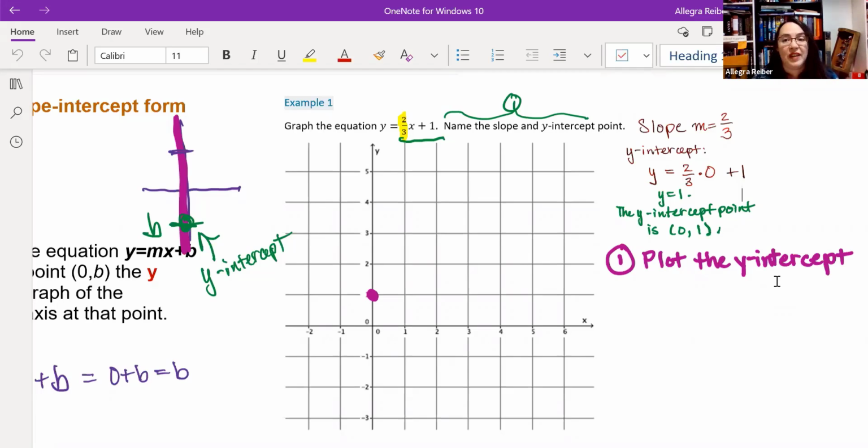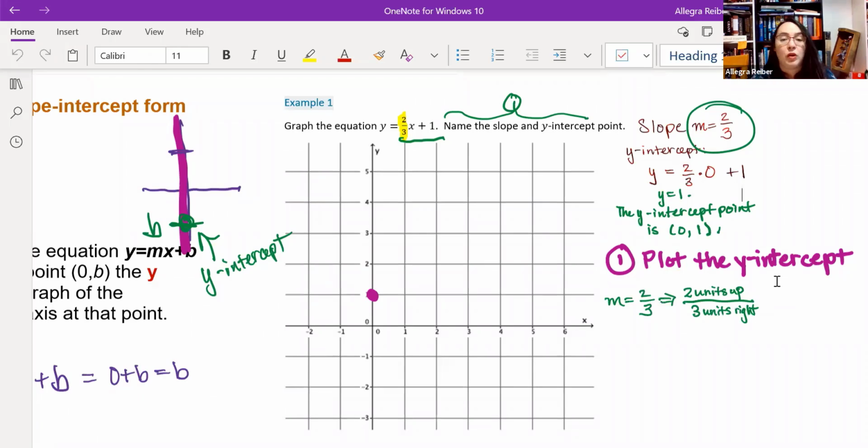Next, I need to find the slope, or I need to use the slope to find additional points. Because I know that the slope in this example is 2/3, that tells me that the ratio I should find in any slope triangle I draw is 2 units up per 3 units right.